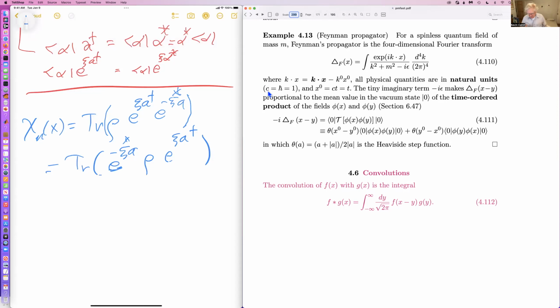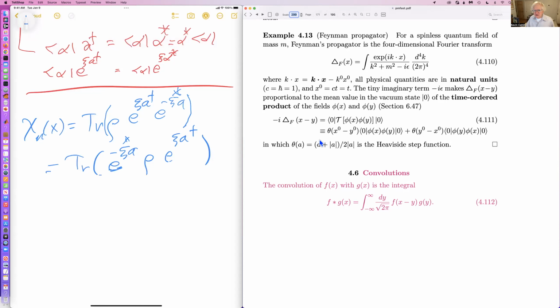Setting c equal to 1 means you are measuring distance as light seconds. And so then you've got time, and you measure time as inverse second, energy as inverse seconds, setting h bar equal to 1. And so what we have then is this expression here.